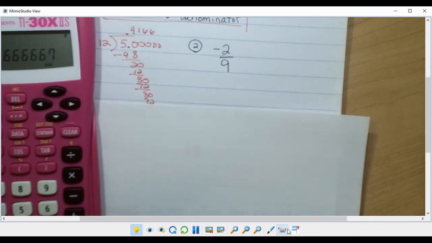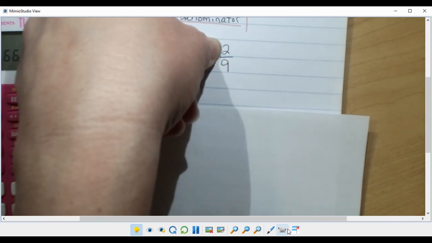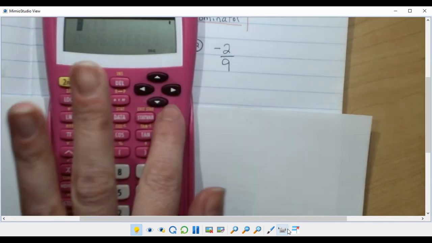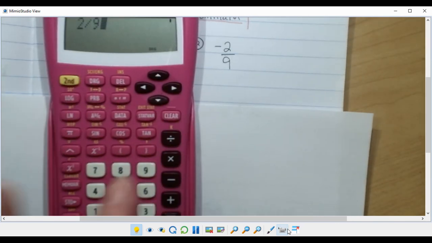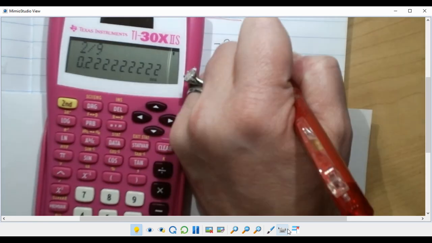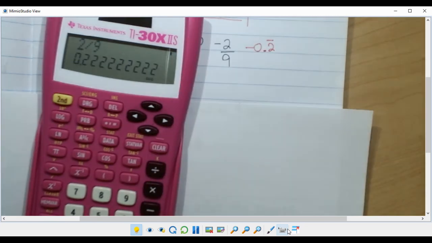We're still going to treat this 2/9 the same way that we treated every other fraction: divide it, and then we'll just put a negative sign on it. So since I have my calculator, 2 divided by 9 equals, and we get 2 repeating. So 0.2, and then I'll put the bar over it. The negative sign will go out front. That's it. That's all there is to it.